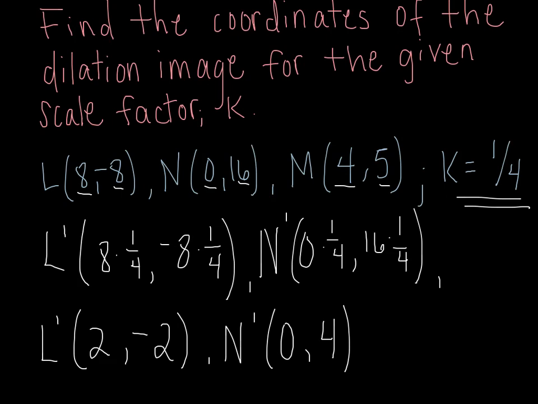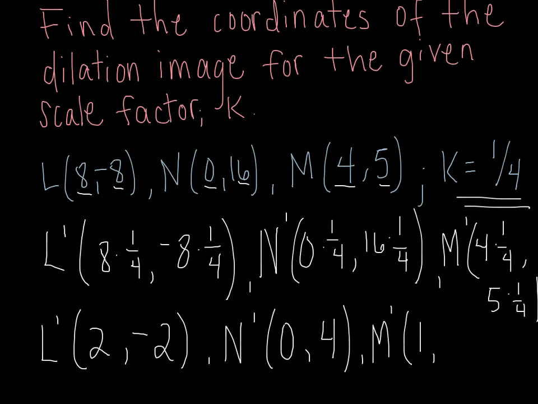And then our last one, M prime, will be 4 times 1/4 and then 5 times 1/4. So M prime will equal 4 times 1/4, which is 1, and 5 times 1/4 will be 5/4.